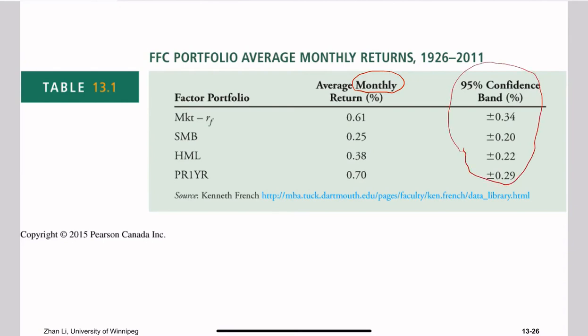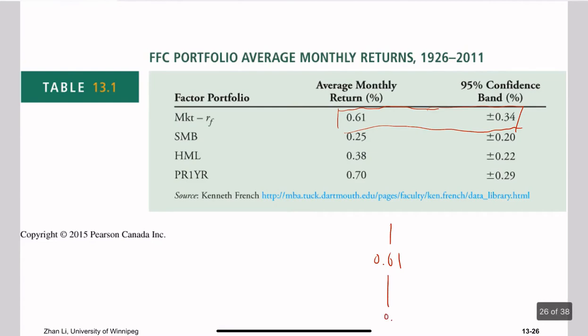I did not talk about confidence intervals in this class, but basically this 95% confidence band gives you an idea how accurate your estimation is, right? So basically, if you look at the first one, the confidence band is 0.34, which means if your estimation is 0.61, then there could be some variations.